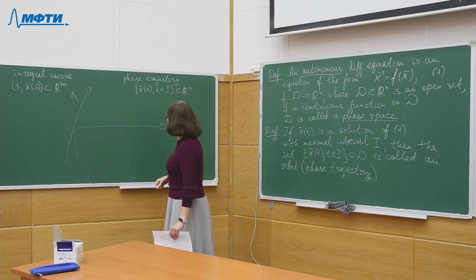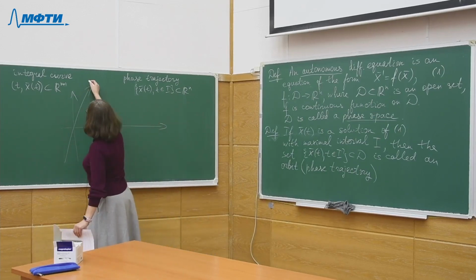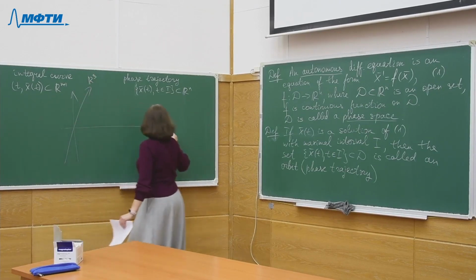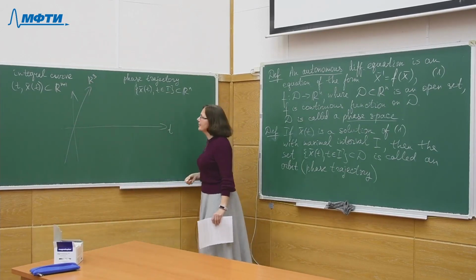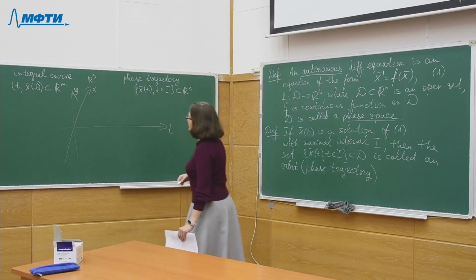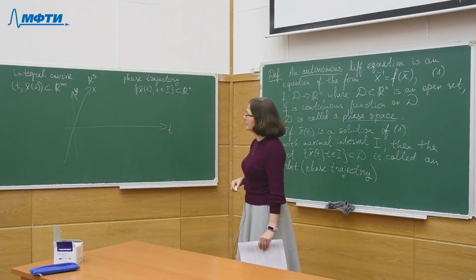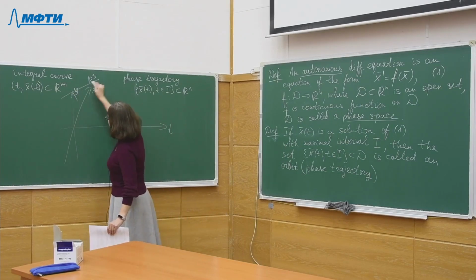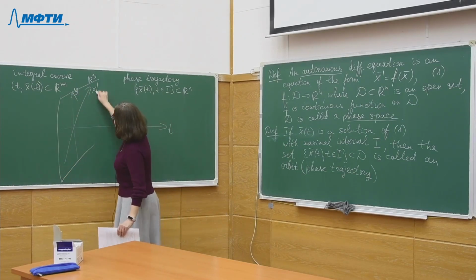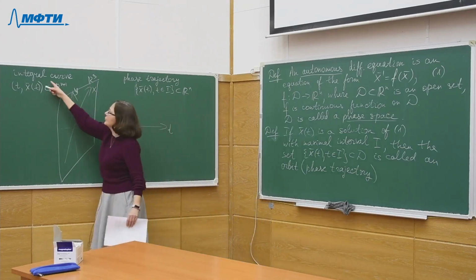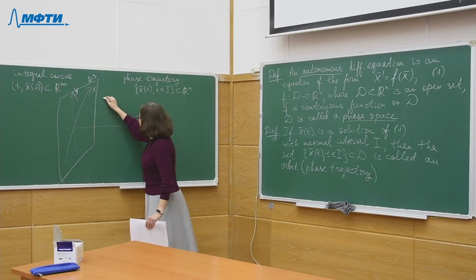Okay, suppose we have, so now we are in R3. So this is time, and these are x and y axis. And suppose the integral curve, so this is the plane in R3. Suppose we have something like, so I speak about an integral curve.